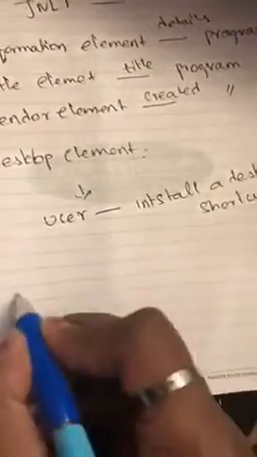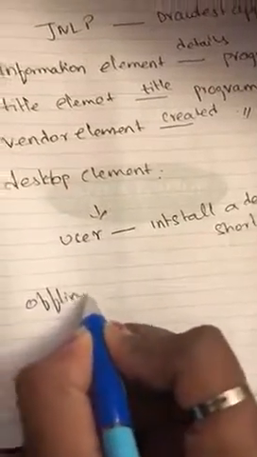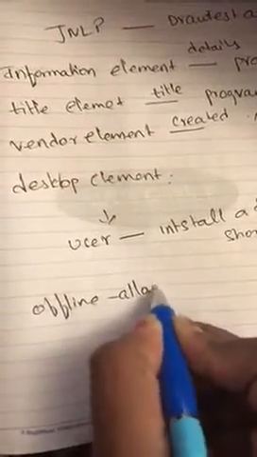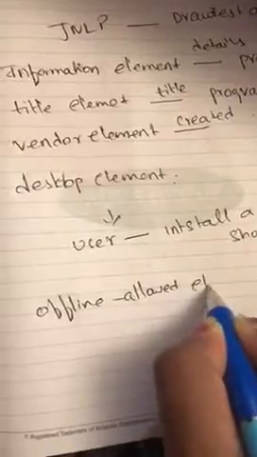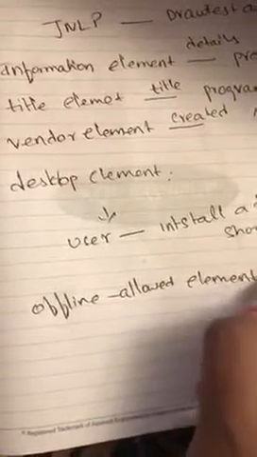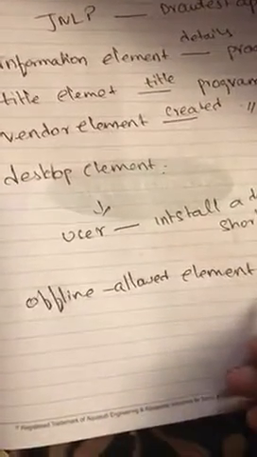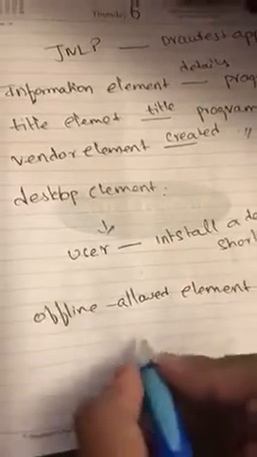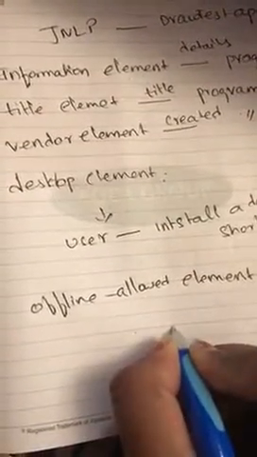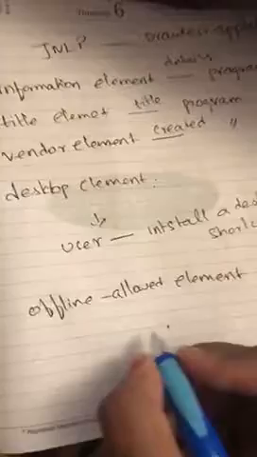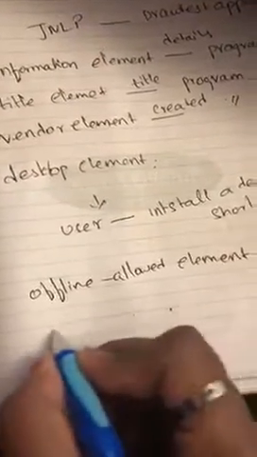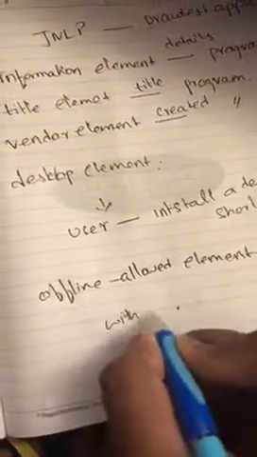The offline allowed element indicates that once the program is installed on the user's computer, it can be launched via Java Web Start even without the internet.